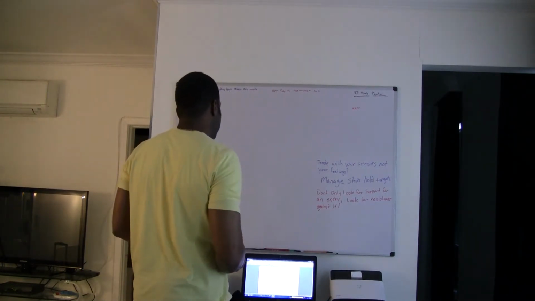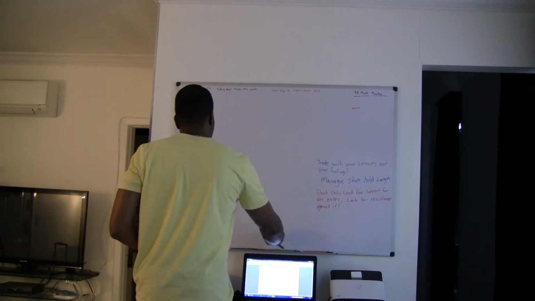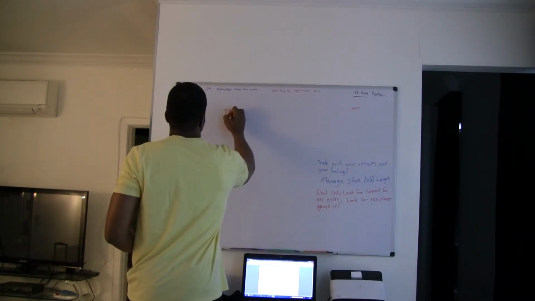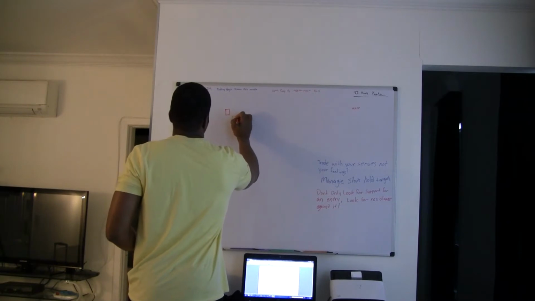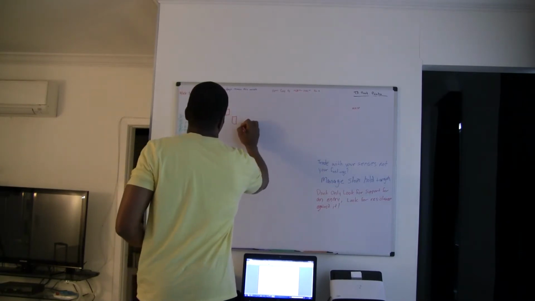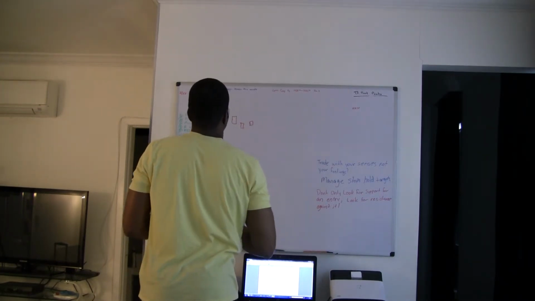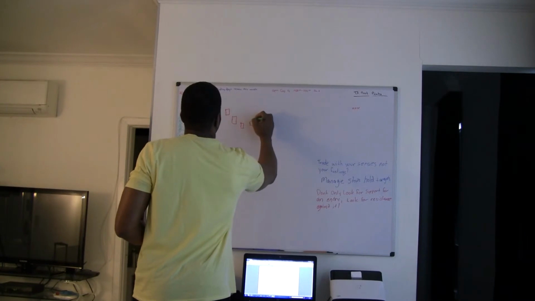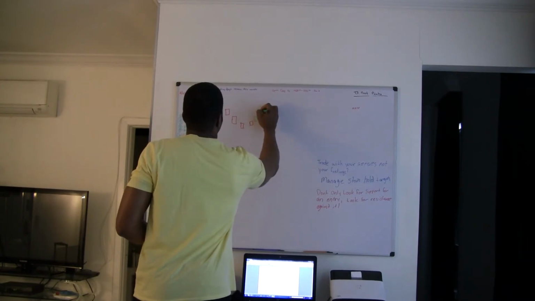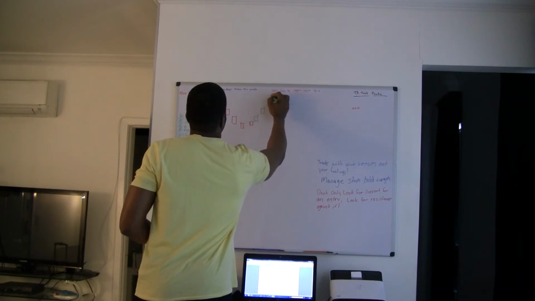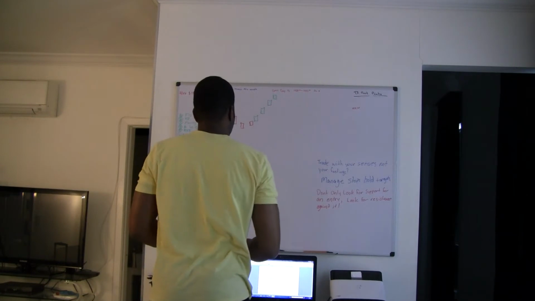And we're going to start with the most basic form, I guess, which is the two-point trend line.